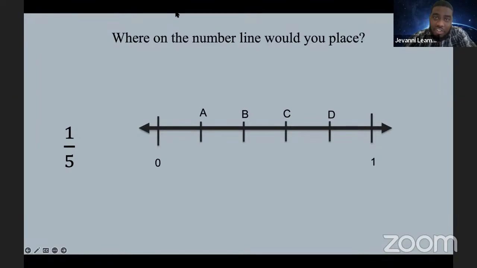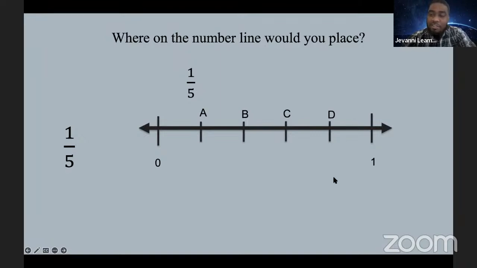All right, a majority of us are saying A. Not seeing anything in the chat so far. A, all right. So it's indeed A, even though it's not shifted to above A, but it's 1/5, right?